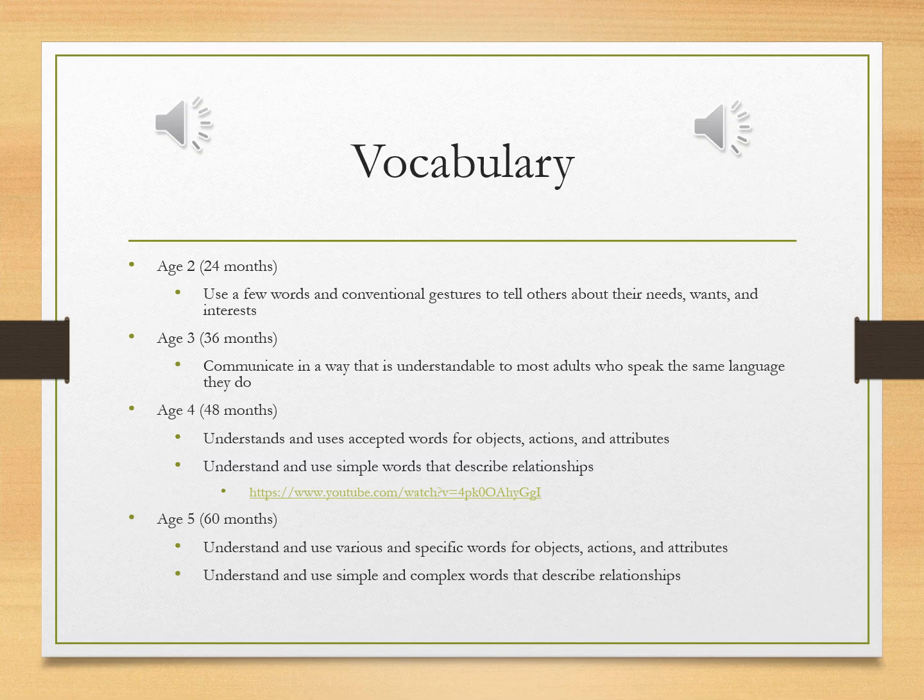So they're grabbing a couple words and putting them together to convey a thought. So maybe they say, want milk, me up, dog go. So it is a sentence. It's just a sentence without any of the filler or extra words that older children are going to use. But we definitely expect to see 2-year-olds doing that.